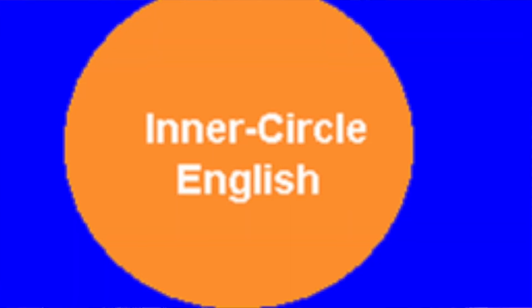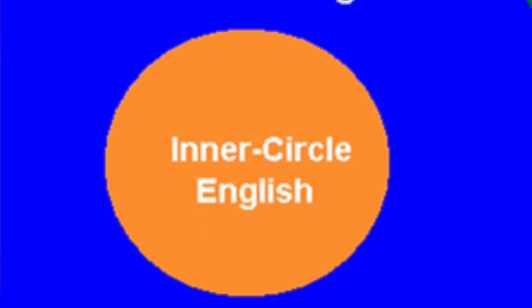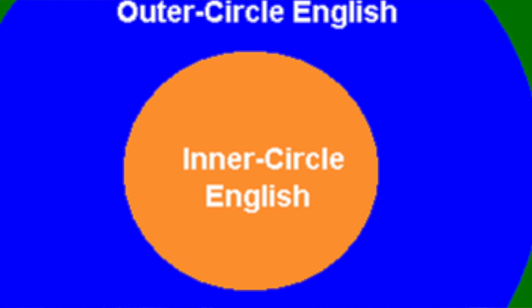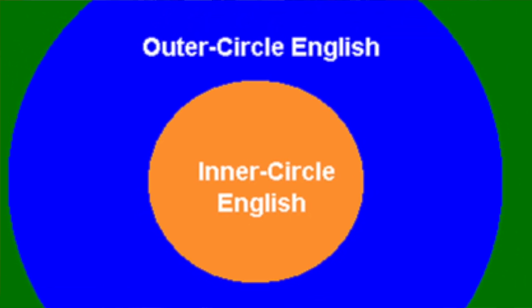Zooming out from the inner circle, we meet the second of the three circles, called the outer circle. This circle represents all those places around the world that have a historical connection with the English language, mainly as a result of colonization by inner circle countries, mainly by the British, but also others, the US for example.